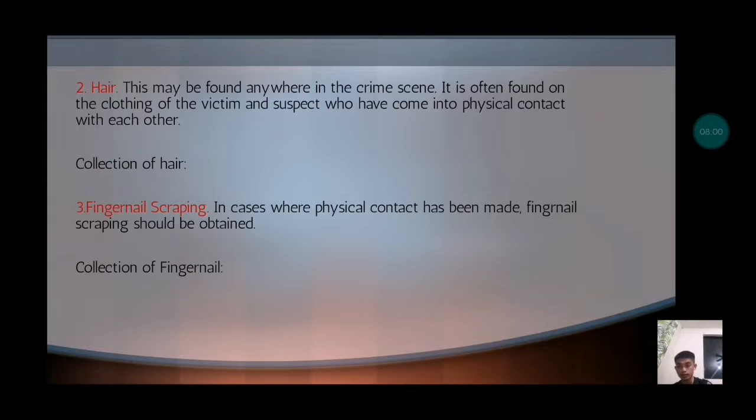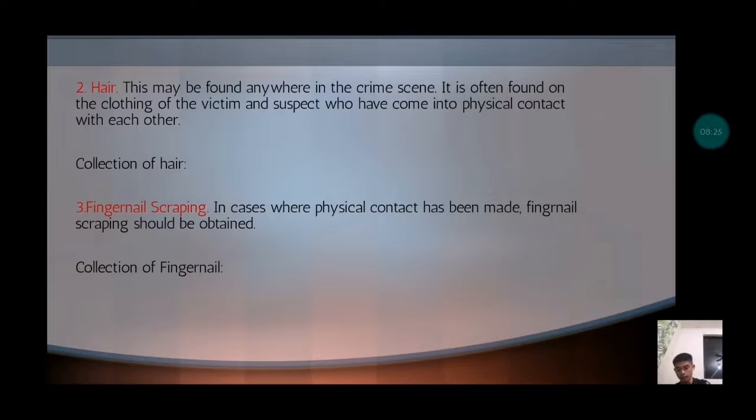So in the collection of hair, first, take a sample of head hair from the top, the back, and each side of the head. The second is to take it by combing, pulling, or cutting close to the scalp.